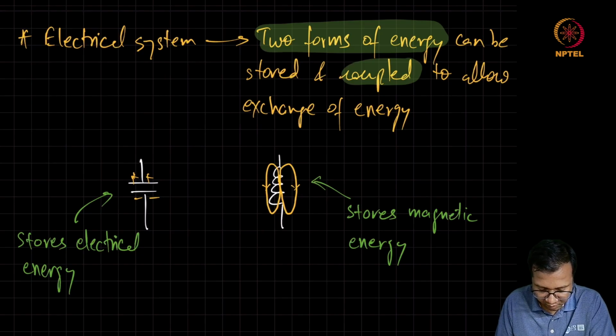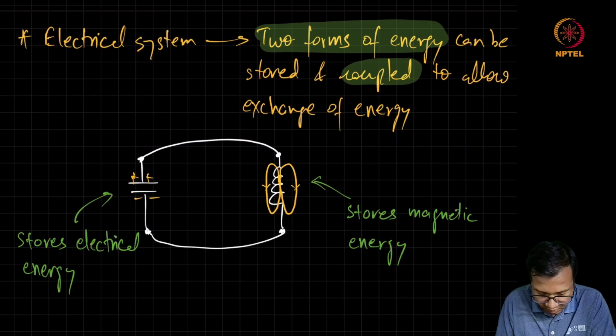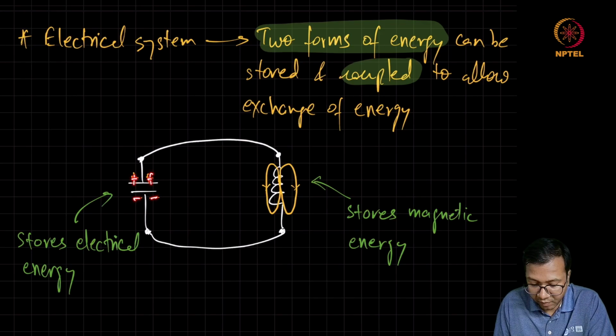The simplest way to couple these two elements is just to connect them in this manner such that the electrical energy stored, which appears as voltage in case of the capacitor, can drive current in the inductor, which results in magnetic energy to be stored inside the inductor.